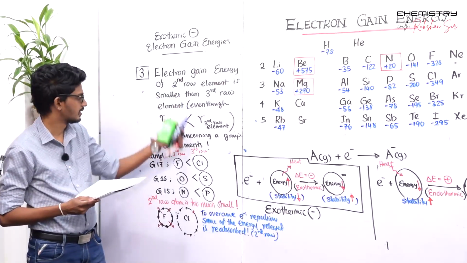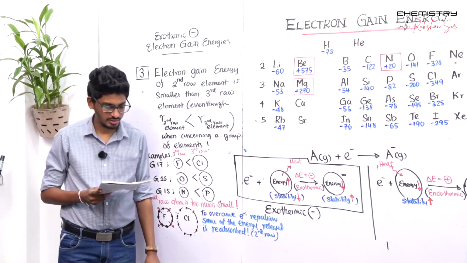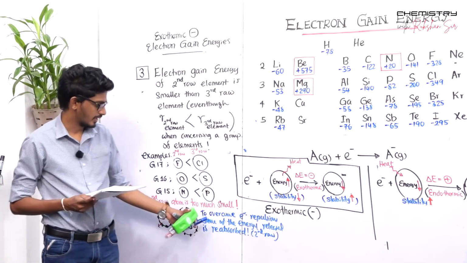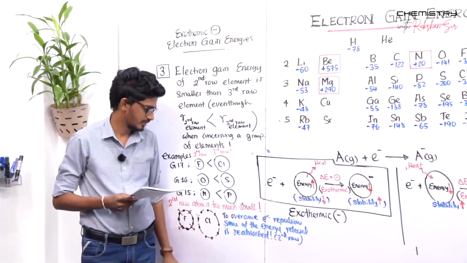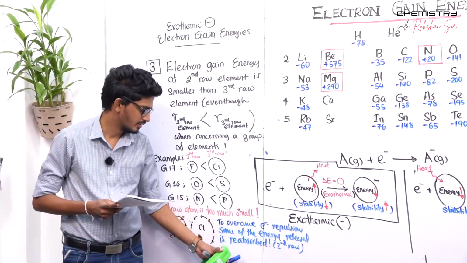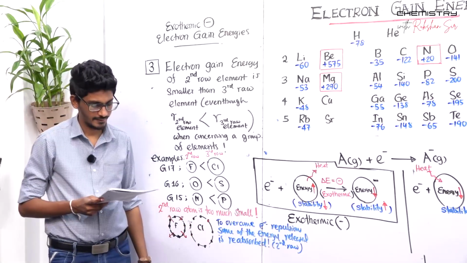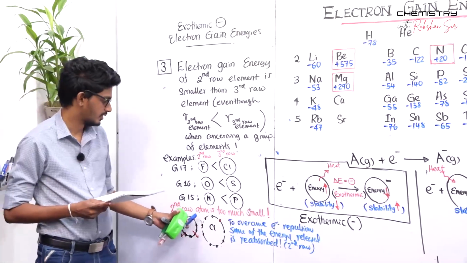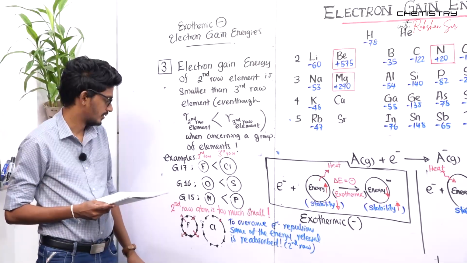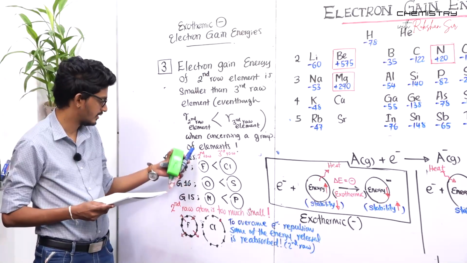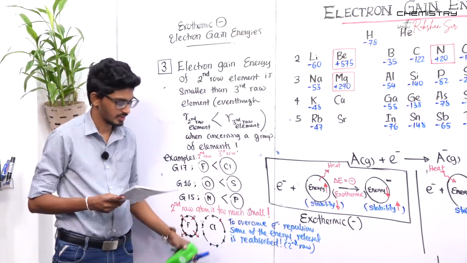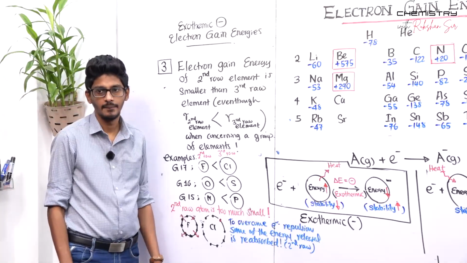So you can write like this: to overcome electron repulsions, some of the energy released is reabsorbed, because second row atoms are too much small. So with these examples, you can write this at that space.